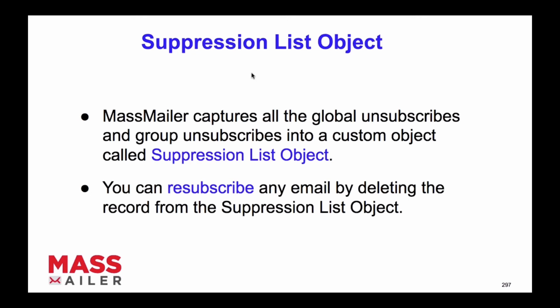We also reuse the suppression list object to capture hard bounces and spam reports. So it's more like a common object, for which we suppress any of the emails that are already in the suppression list record.